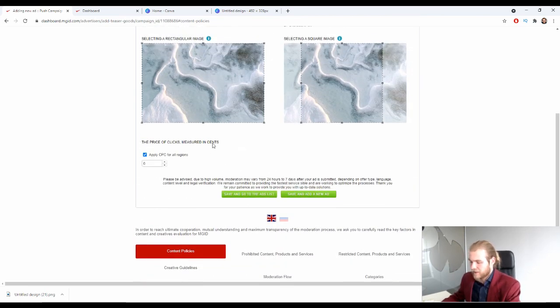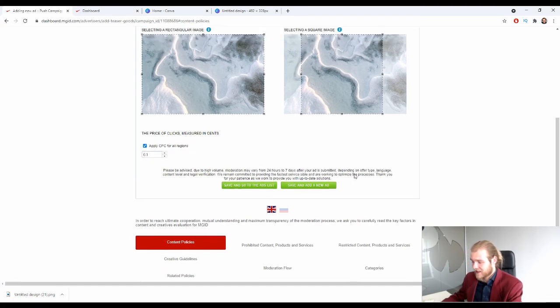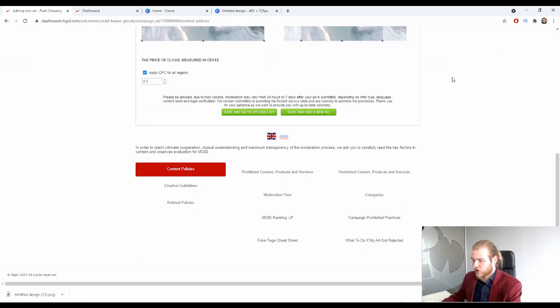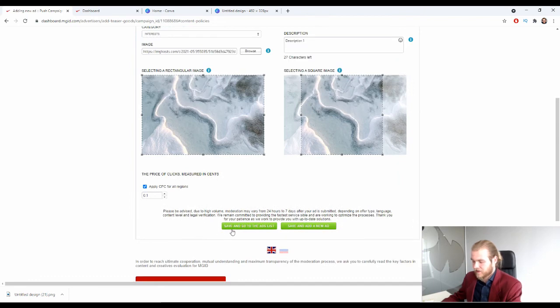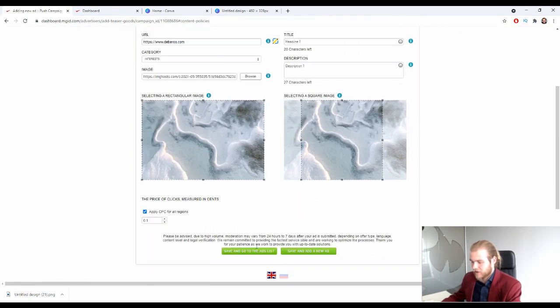The price of clicks measured in cents, apply CPC for all regions, and perfect. All right, so right here you have the option save and add a new ad in case you want to add multiple ads. And when you have added your last creative, just click on save and go to the ads list. All right. So let's do that.